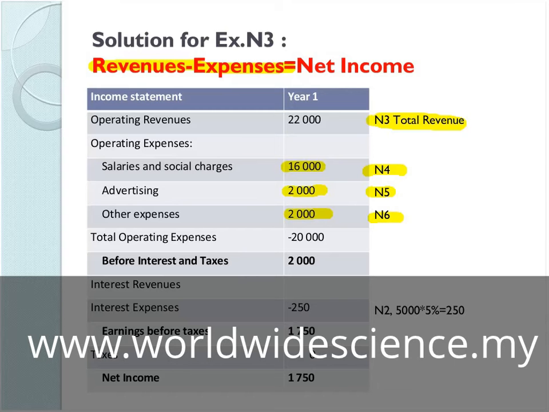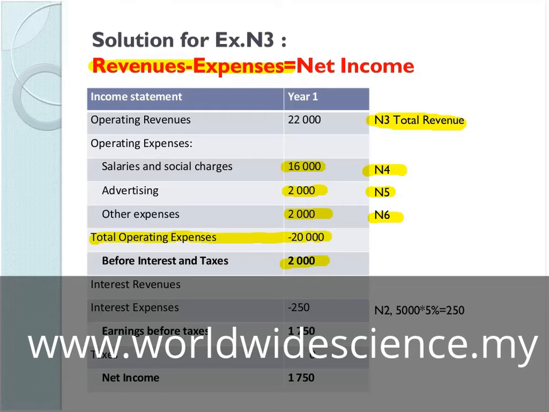And total operating expenses will be 20,000: 16,000 plus 2,000 plus 2,000 equals 20,000. Then from operating revenues we will deduct the operating expenses, and we will get the profit before interest and taxes, 2,000, right?